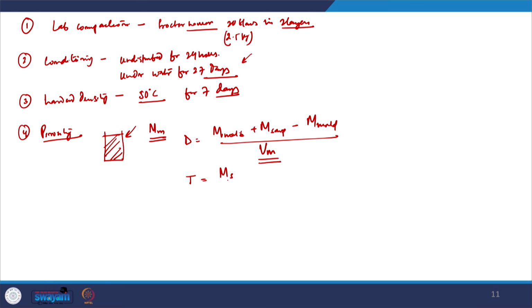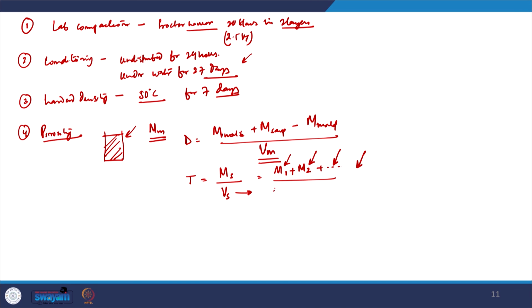Then you can also calculate the theoretical density, which is the mass of the sample divided by the volume of the sample. So, mass of the sample comprises the mass of different components, m1 plus m2 plus and so on. It can be the mass of cement, mass of coarse aggregate, mass of fine aggregate, mass of admixtures, whatever the ingredients are, and their corresponding volume, which you can calculate using their individual specific gravity in saturated surface dry condition.